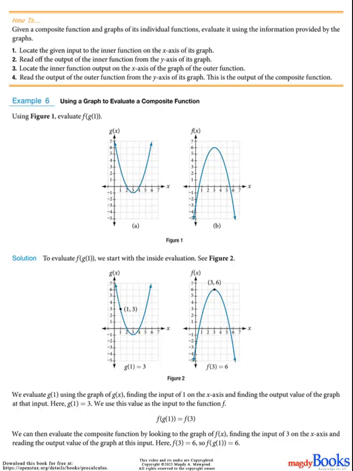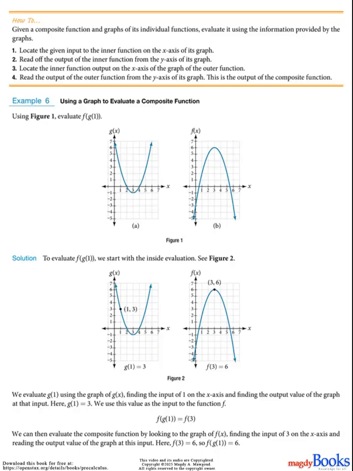Example 6. Using a graph to evaluate a composite function. Using Figure 1, evaluate f of g of 1. Figure 1, a. x, g of x. Figure 1, b. x, f of x. Solution.